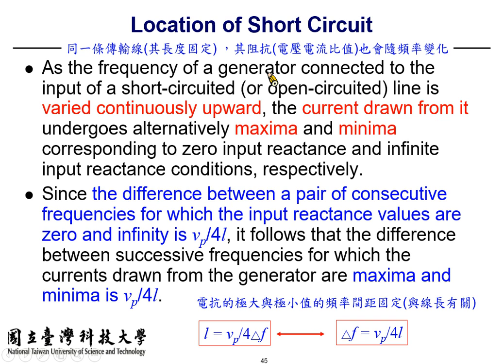You will draw maximum current due to what? Due to 0 input impedance. But at certain frequencies, you will draw minimum current because of infinite input impedance. Okay? So the maximum and minimum happen at input impedance equal to 0 and infinity.